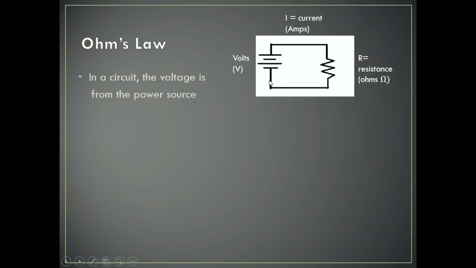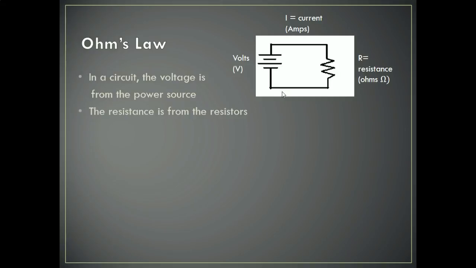The voltage is all because of the battery. The battery's pushing the electrons. Another name for voltage is electromotive force. That basically means the force that moves the electron. So greater voltage, it pushes harder, the electrons really want to move.